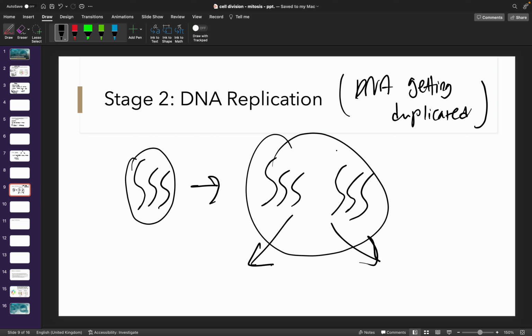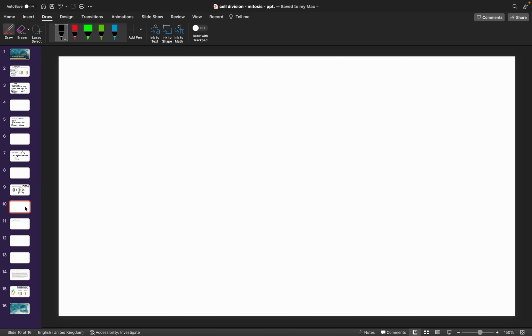And it's important to note that a cell spends the majority of its time growing and preparing for cell division. So the majority of the life of cells is spent growing, so getting bigger and increasing the number of its subcellular structures. And it also spends its time preparing for cell division.